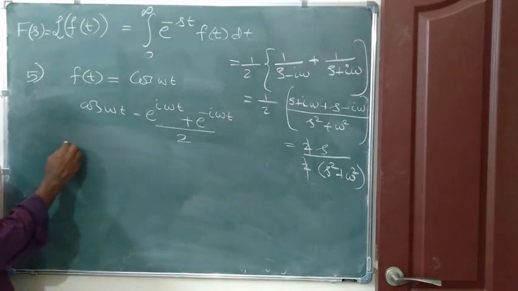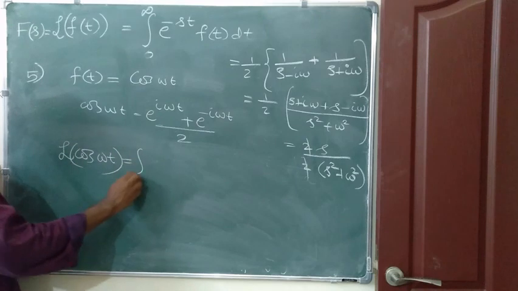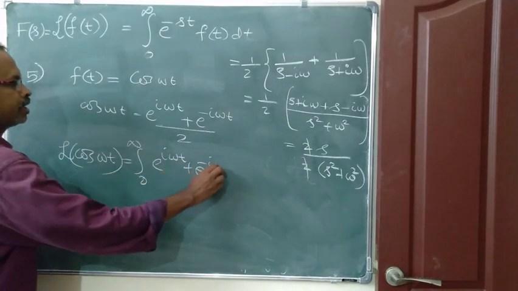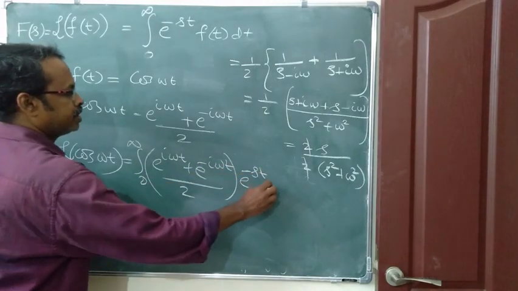Hence, making use of this identity, the Laplace transform of cos omega t is equal to the integral from 0 to infinity of (e to the power i omega t plus e to the power minus i omega t) divided by 2, multiplied by e to the power minus st dt.